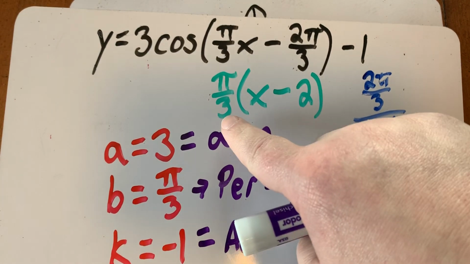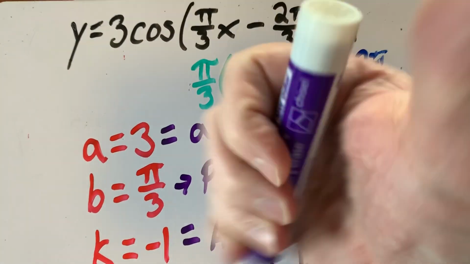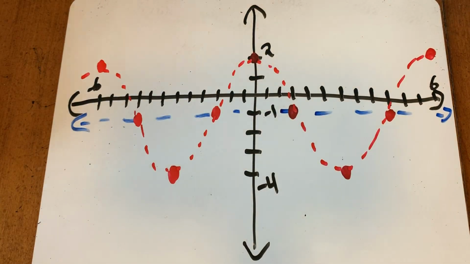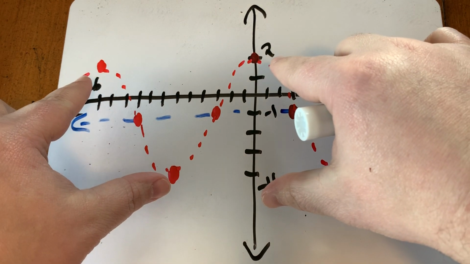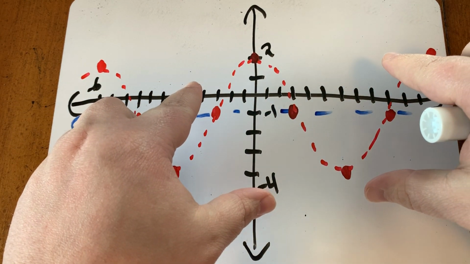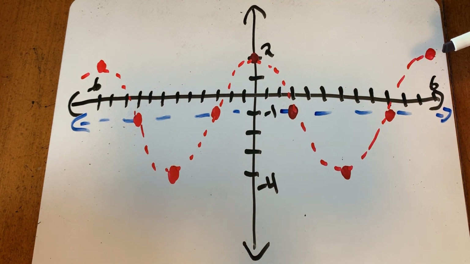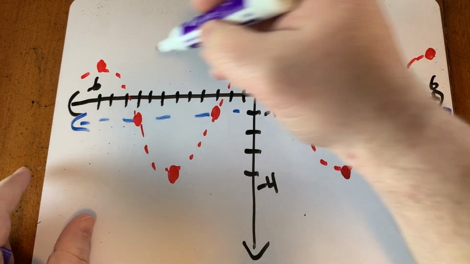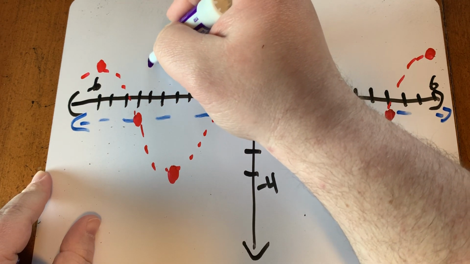So because it was pi over 3 times x minus 2, our phase shift is 2 to the right. So that's telling us we're going to take this curve and shift it 2 to the right. Well, each tick mark is 1/2, so 4 tick marks is 2. So if I take this point, shift it 1, 2, 3, 4.